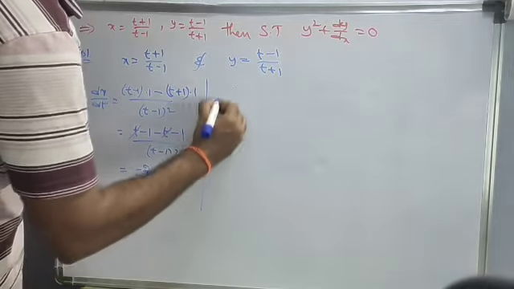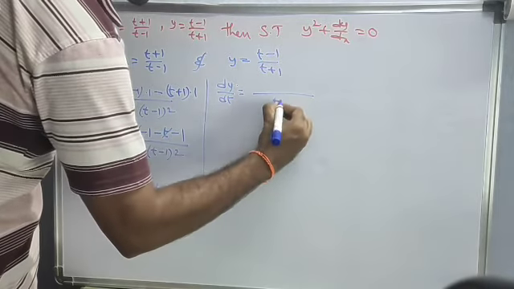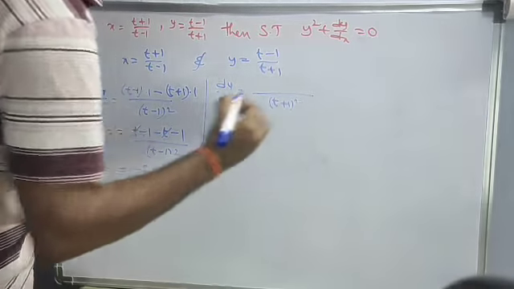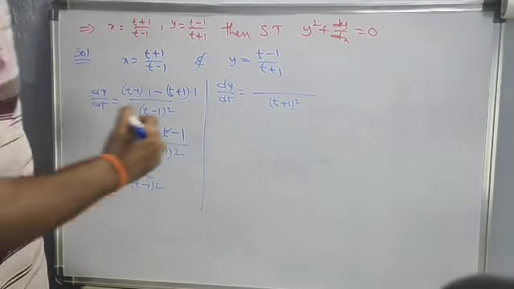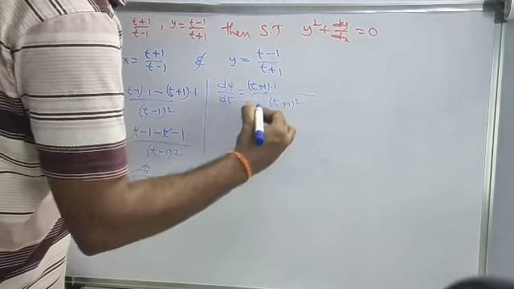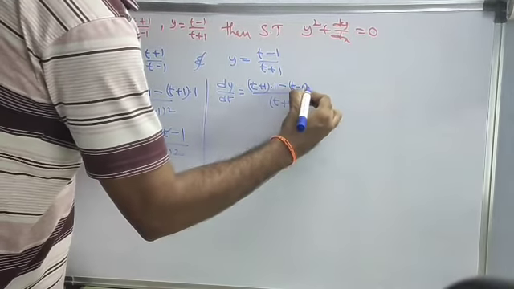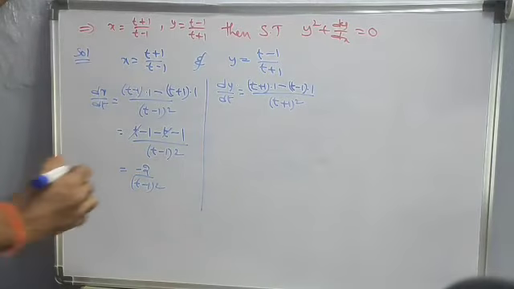Here I am taking dy by dt, also using the u by v formula, with (t plus 1)² in the denominator. t plus 1 times the differentiation of t minus 1, which is 1, minus t minus 1 times the differentiation of t plus 1, which is 1.